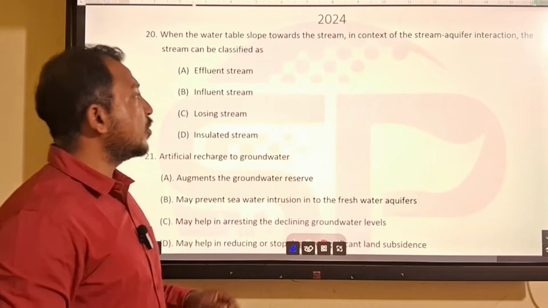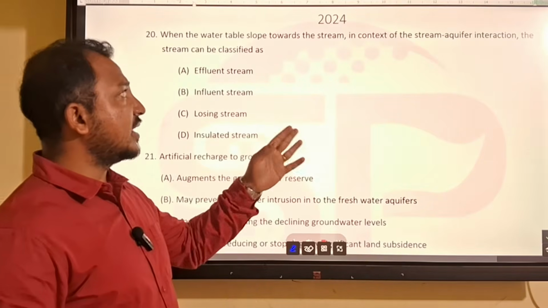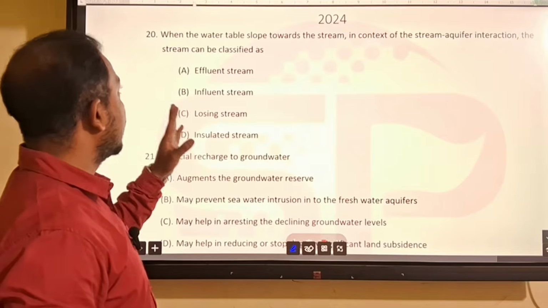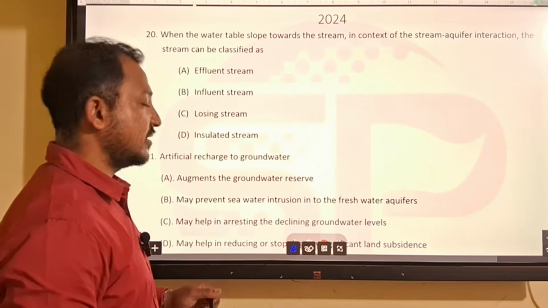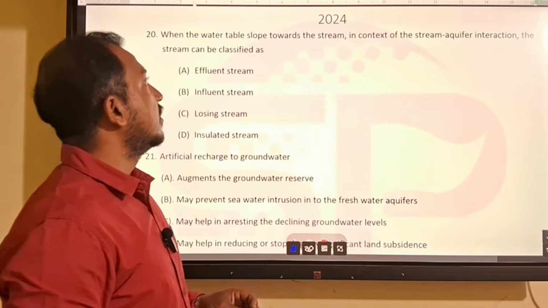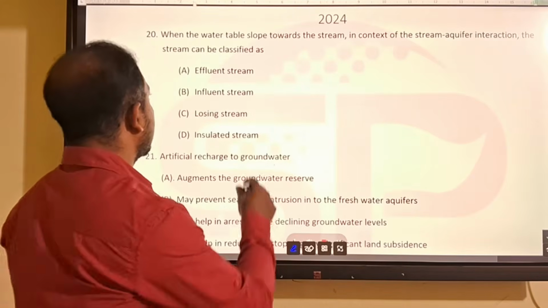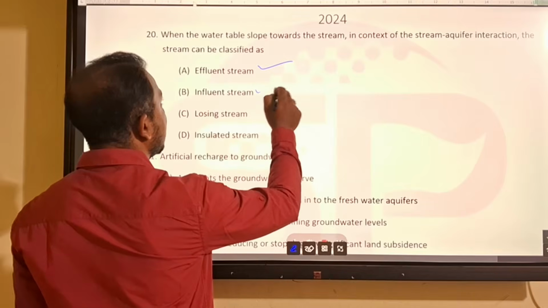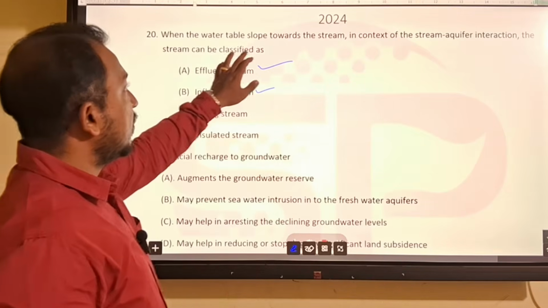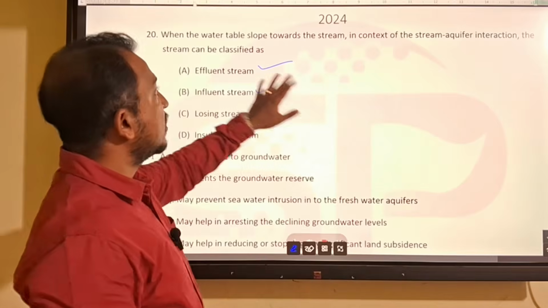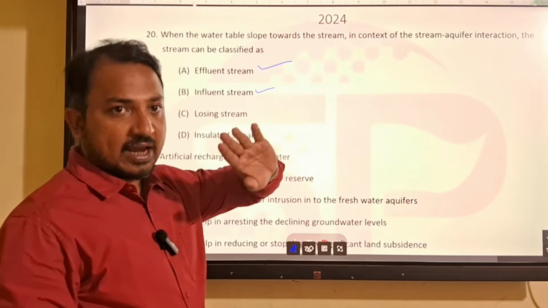When the water table slopes towards the stream, in the context of stream-aquifer interaction, the stream can be classified as. There are two types of condition: one is effluent, one is influent. If the water table slopes towards the stream, that means the water table will feed the stream.